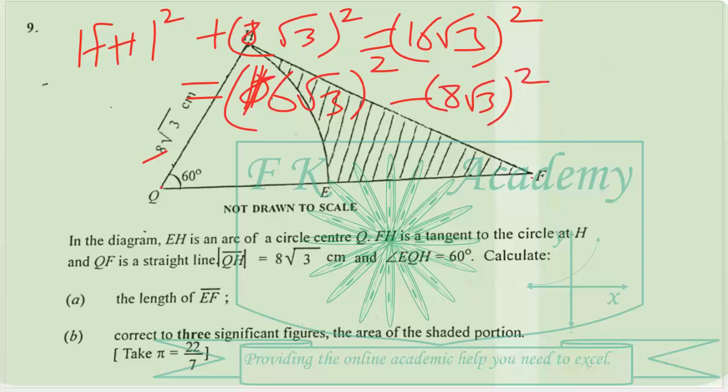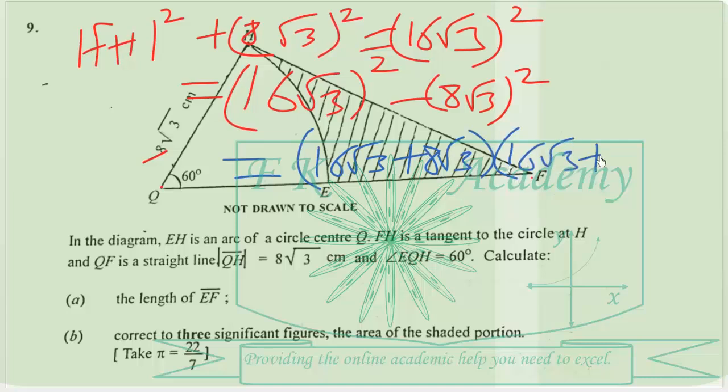I'm going to apply difference of 2 squares here. So that will give me 16 root 3 plus 8 root 3, into bracket 16 root 3 minus 8 root 3.